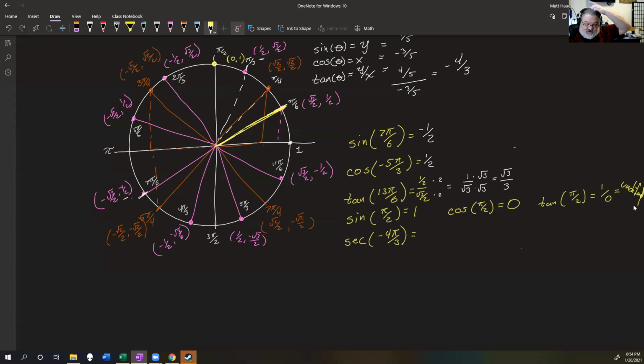Sine and cosine are never undefined. The others have places in the rotation where they're just not defined. And when we talk about how to make graphs of these, we'll talk about some real life physical interpretation of what it means physically when we're turning something to have this undefined point in it. And you'll find that it actually does have some real solid meanings.